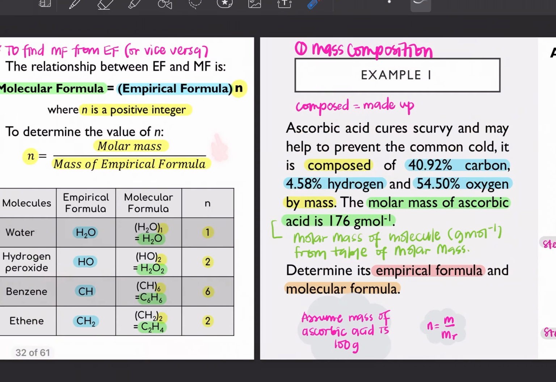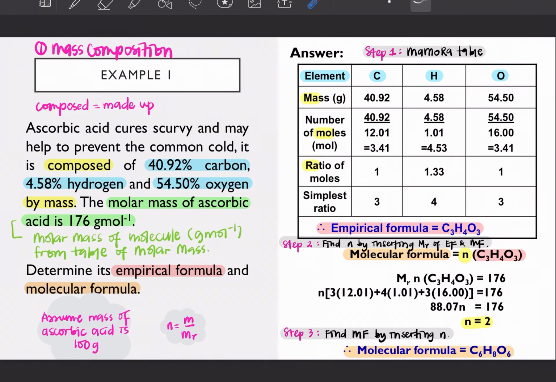Let's go to the first example, to find your empirical formula and molecular formula by mass composition. Let's read the question. Ascorbic acid cures scurvy, a skin disease, and may help to prevent the common cold. It is composed, meaning made up, of 40.92% of carbon, 4.58% of hydrogen, and 54.50% of oxygen by mass.